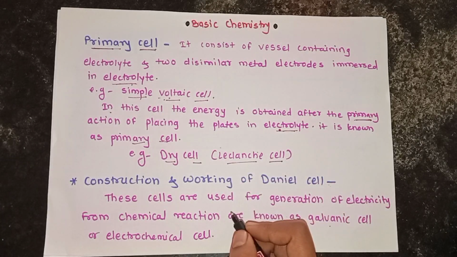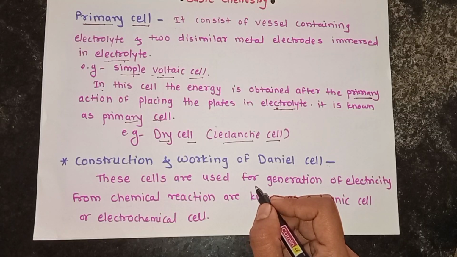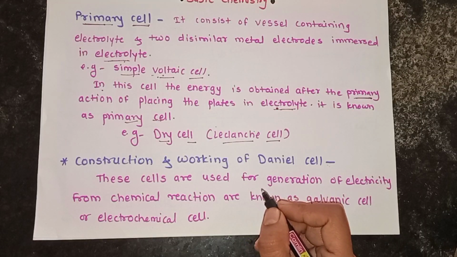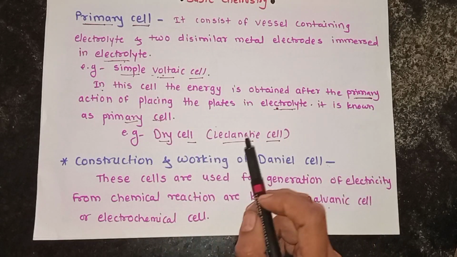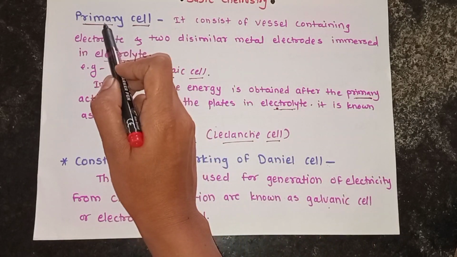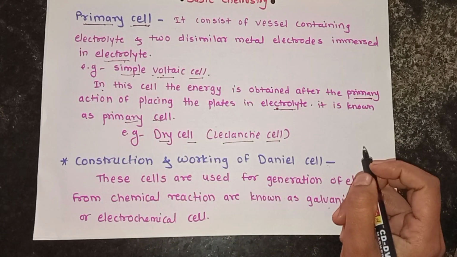So in today's session we discuss the construction, working and applications of the Daniell cell. Of the two types of cells, the first type is the galvanic cell, for example the primary cell, and the other is the electrolytic cell.